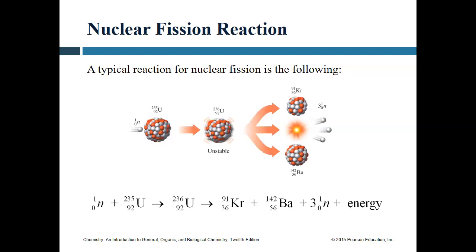In nuclear reaction terms, this is what has happened. A neutron comes into contact with the uranium-235. Together, they form the unstable uranium-236. That uranium-236 splits into the krypton-91, the barium-142, those 3 neutrons, and that bucket full of energy.